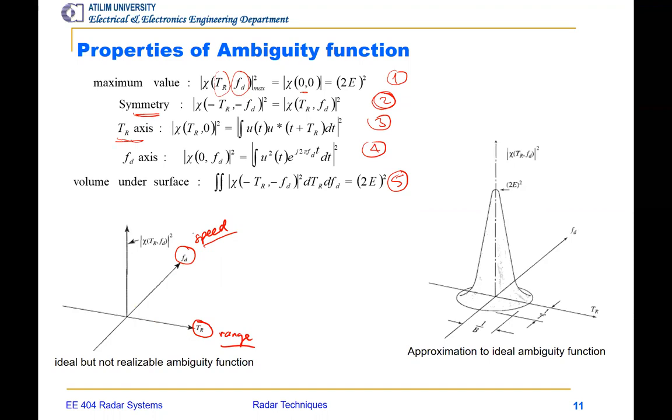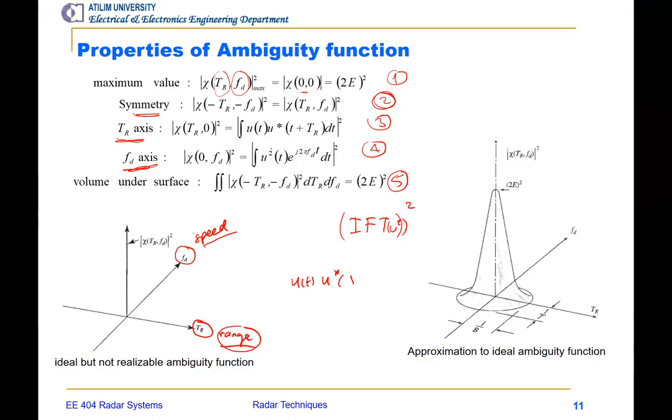On the TR axis, so range axis, it's the square of the signal u(t) times conjugate u(t), and over the FD axis, it's just like the inverse Fourier transformation, square of the inverse Fourier transformation of u squared.